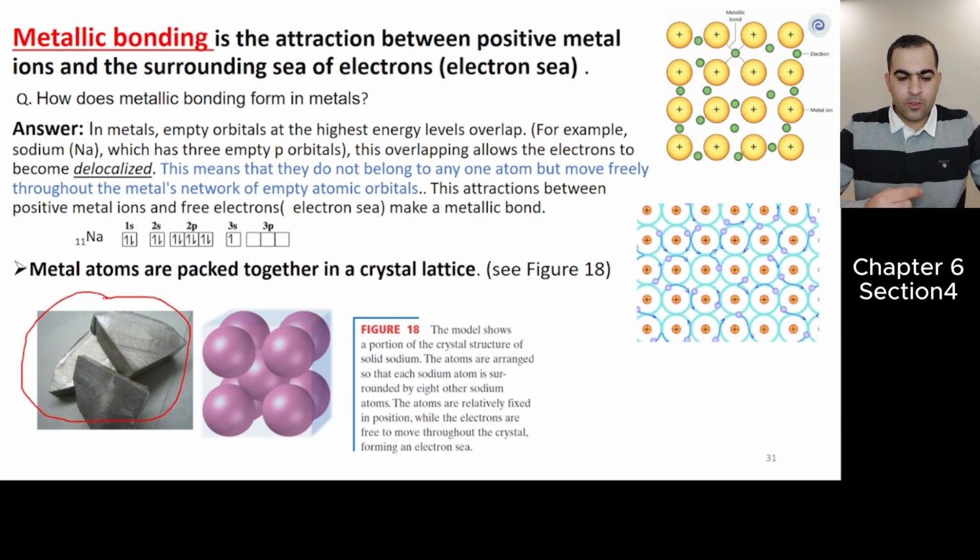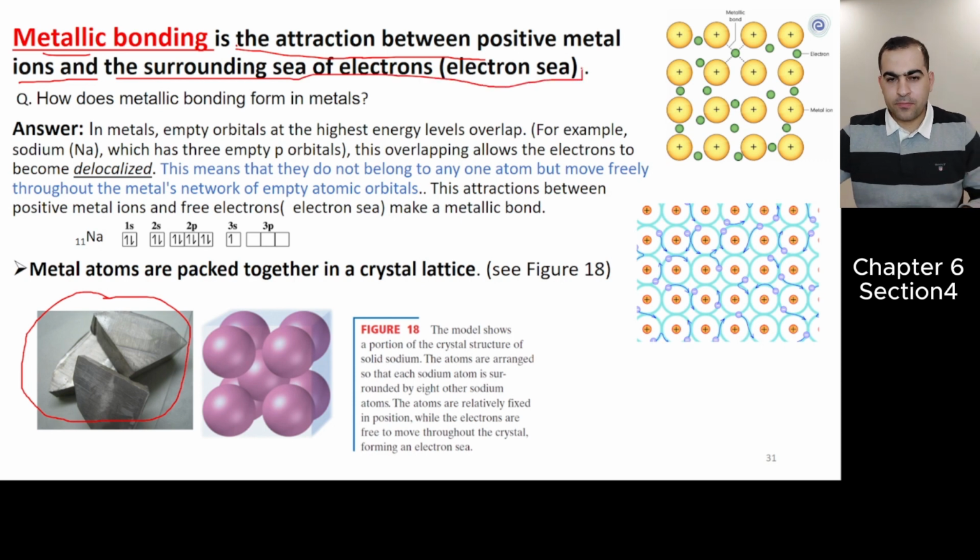Okay, so how is this bond? Metallic bonding is attraction between positive metal ions and a surrounding sea of electrons, electron sea. So, what does it mean? Let's explain it.